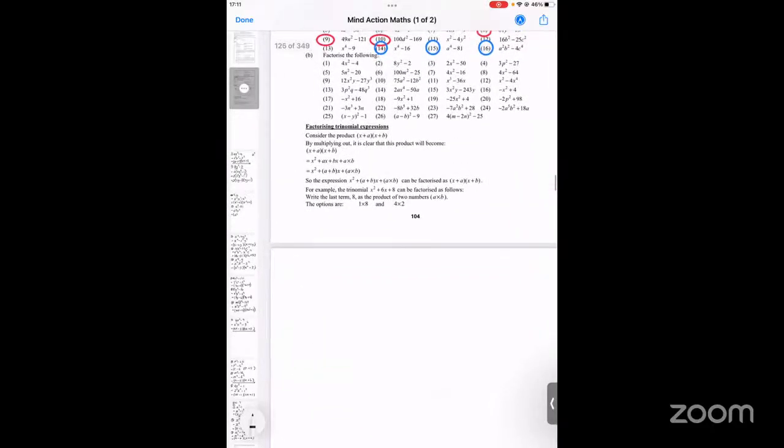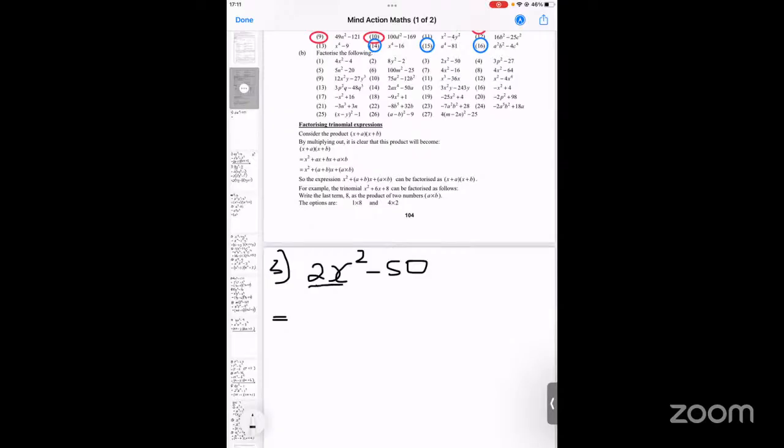Let's jump on to number 3, where we have 2x squared minus 50. Let's see now, Gracie. Can 2 be written as something squared? No, sir. If it's a no, then we'll need to take it out as common factor.